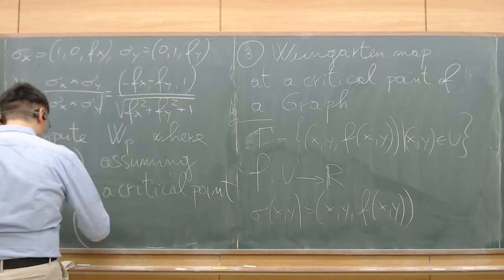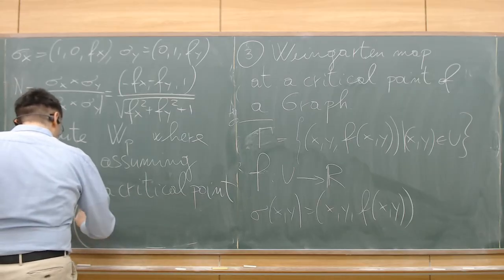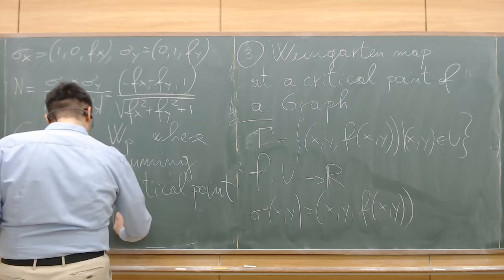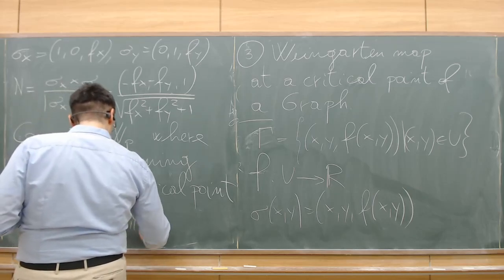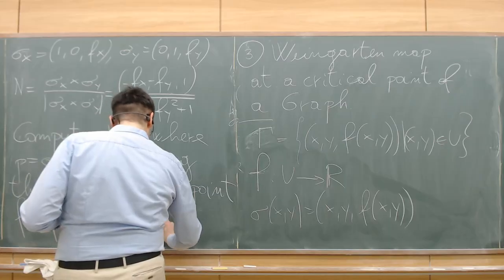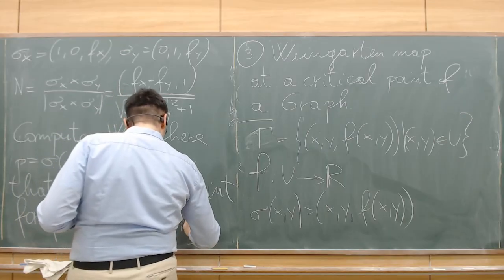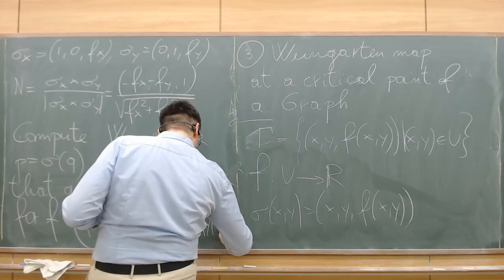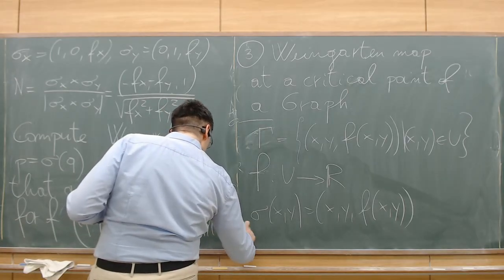This means that if Q is x0, y0, then fx of x0, y0 equals fy of x0, y0 equals 0.